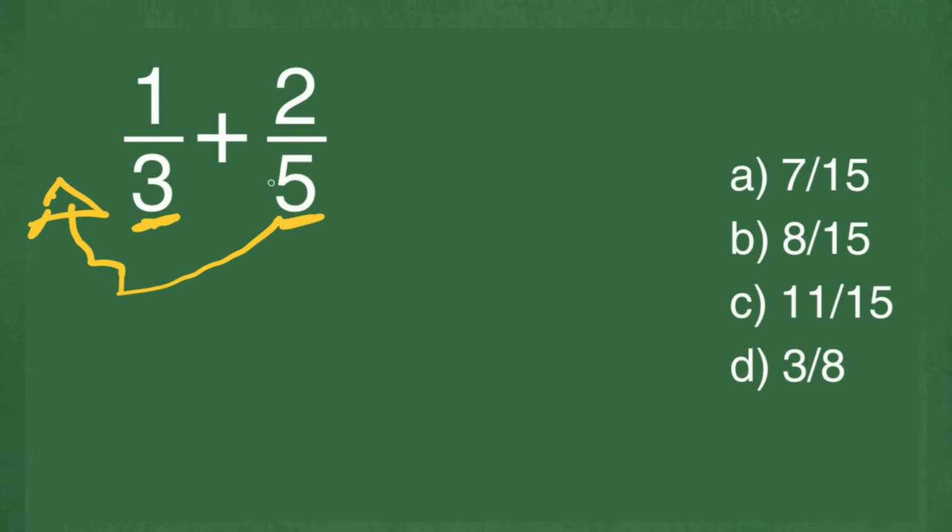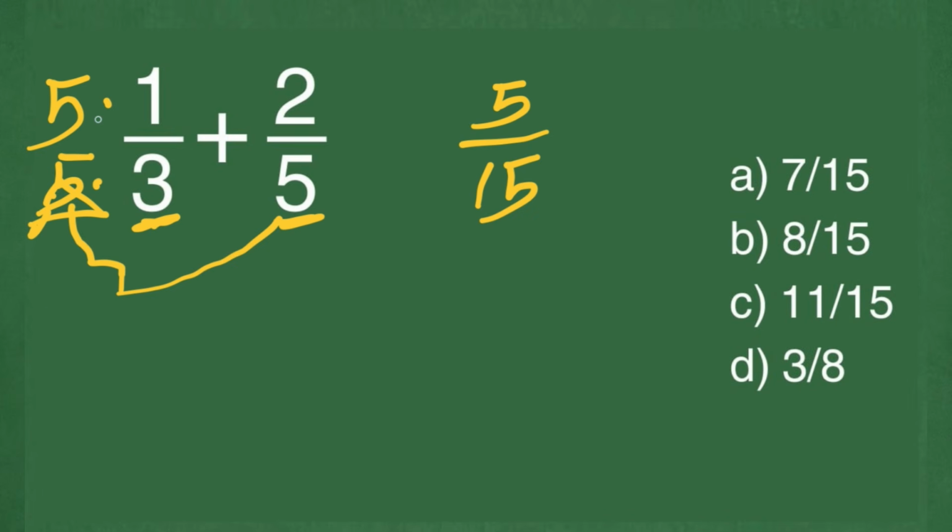So we can multiply 5 by 3. So when we do this, we have to multiply the whole fraction. So 1 times 5 is going to be 5, and 3 times 5 is going to be 15. So the first fraction, 1 over 3, becomes 5 over 15. And we are going to do the same with the second fraction.